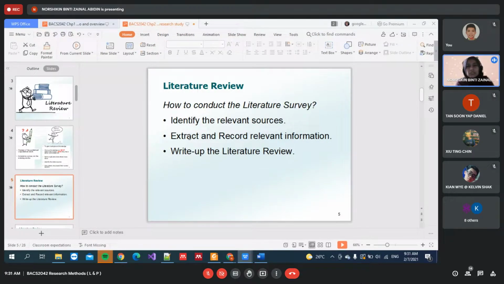You need to know which one is useful for your research, and you need to record the relevant information. If you read 100 papers, it doesn't mean you can use any of them. You need to know exactly what is relevant to your research. And then write up the LR. So after you find the resources and the useful papers, you need to write the LR.